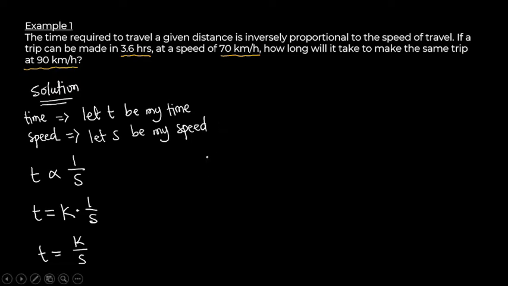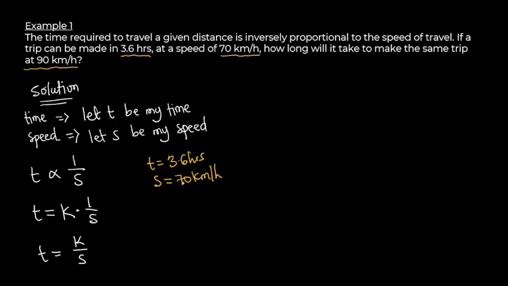So let's look at that. In the first instance, we have the time to be 3.6 hours, and our speed to be 70 kilometers per hour. So let's go ahead and calculate the value of our constant of proportionality.